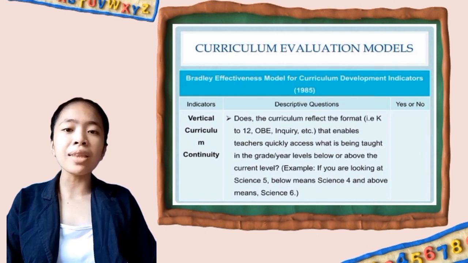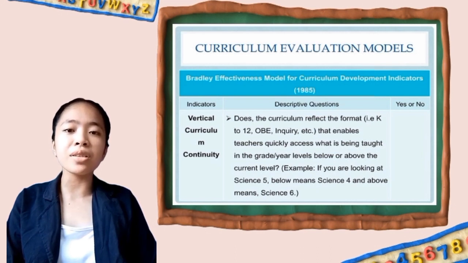Vertical curriculum continuity is essential for ensuring that students receive a high-quality education that prepares them for future learning and success. By ensuring that curriculum is aligned and coherent across different grade levels, educators can help students to build strong foundations of knowledge and skills and achieve their full potential.